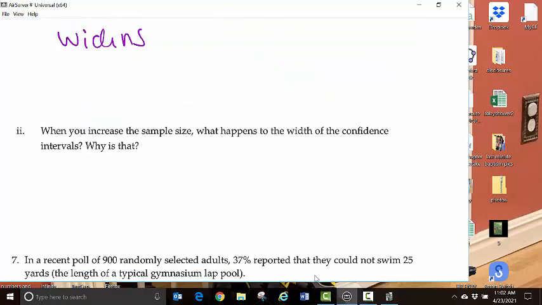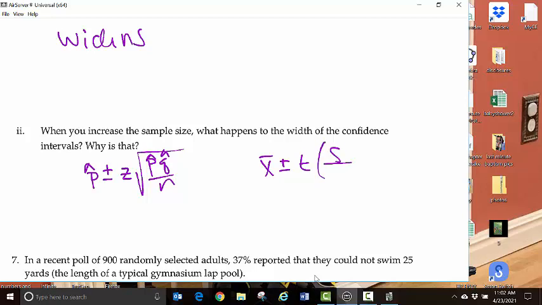When you increase the sample size, what happens to the width of the confidence intervals? And remember, we have... so as this number gets bigger, what happens to the width of our confidence intervals?